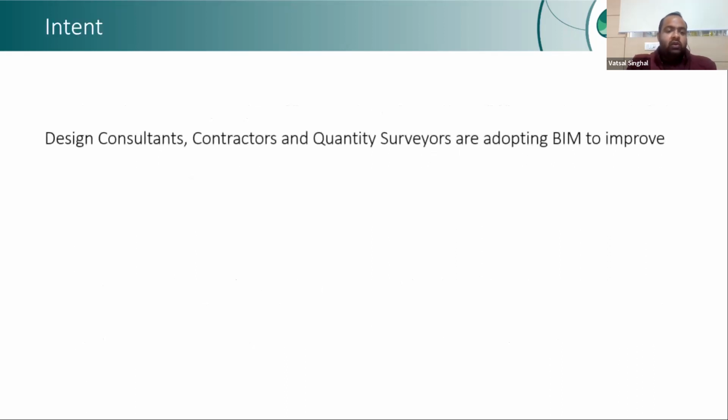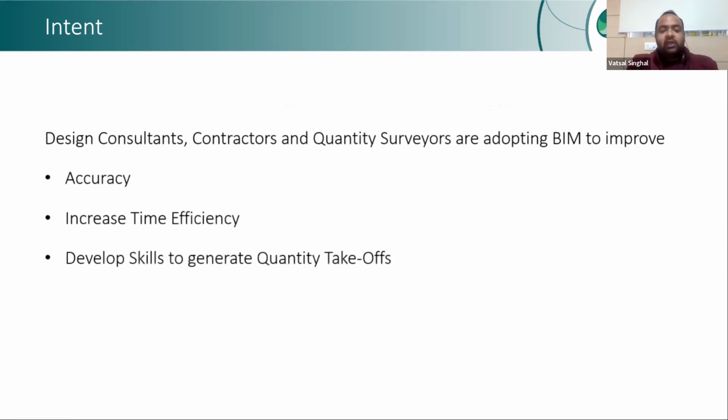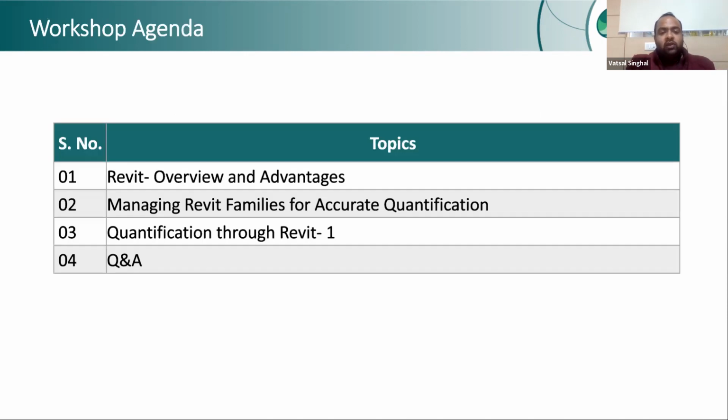The intent over here is for the design consultants, the contractors, and the quantity surveyors to adopt more towards BIM and improve it, since it gives us accuracy, increases time efficiency, and helps us develop the skill to generate quantity takeoffs. The major topics for today would be the Revit overview and the advantages of Revit for all those who are new to Revit, so that they understand how Revit helps us.